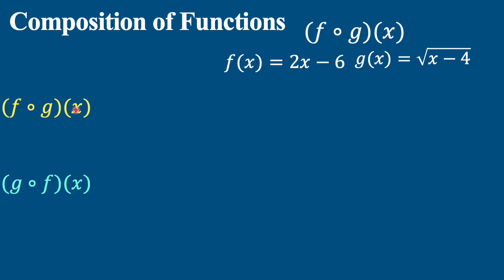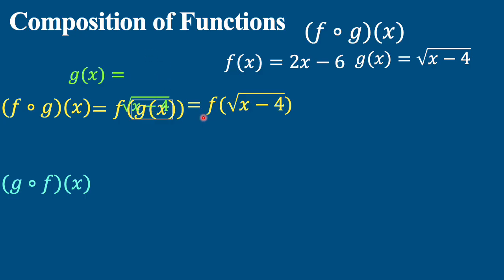So let's start with the top function. This composite function means f of g of x. So you start with g of x. G of x is square root of x minus 4. That is replaced right here, meaning f of square root of x minus 4.